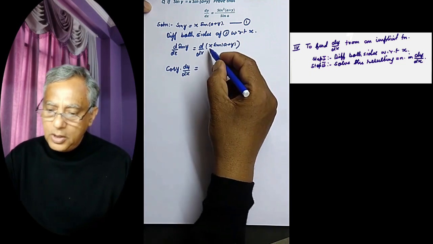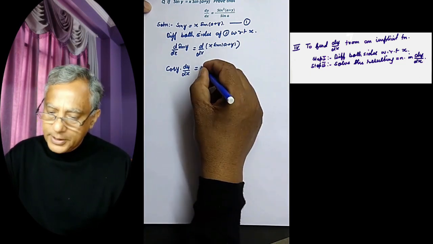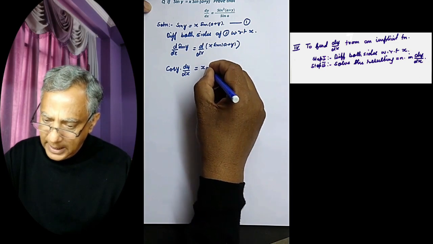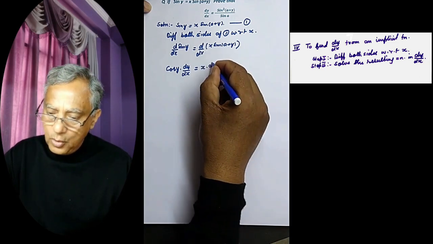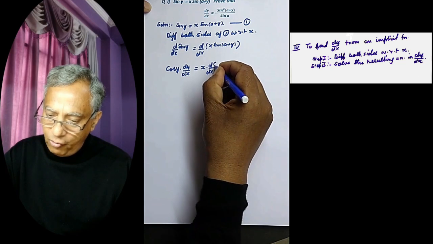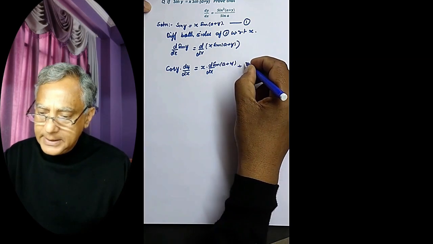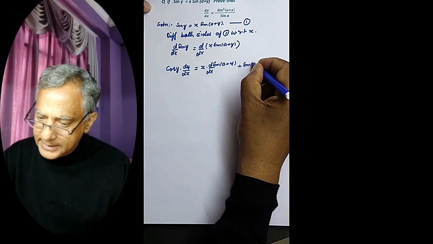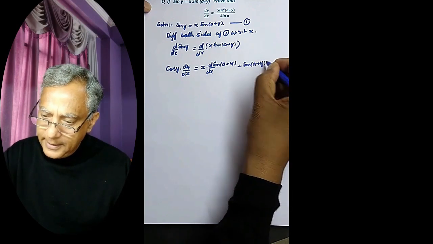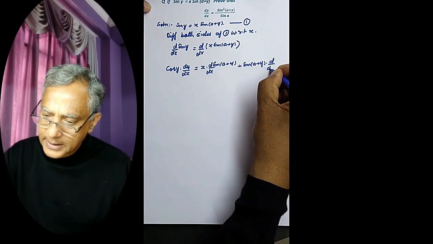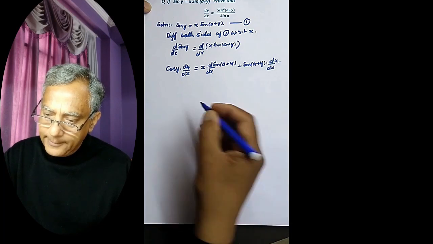This is equal to, now this is a product of two functions. So we will have first function into d by dx of sin(a plus y), plus second function, that is sin(a plus y), into d by dx of x, that is 1.